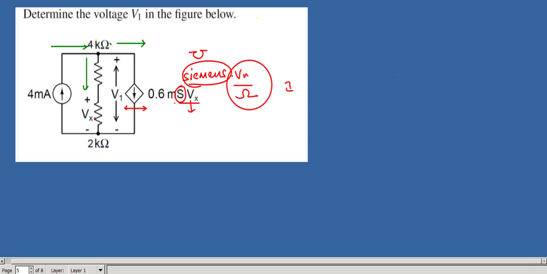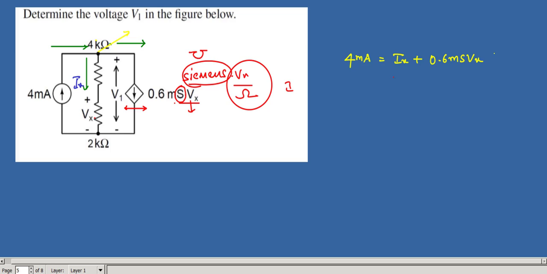So if you apply KCL at this node, let 4 milliampere is entering, and let Ix is the current leaving here. So 4 milliamperes is entering, Ix is leaving, and 0.6 millisiemen into Vx.